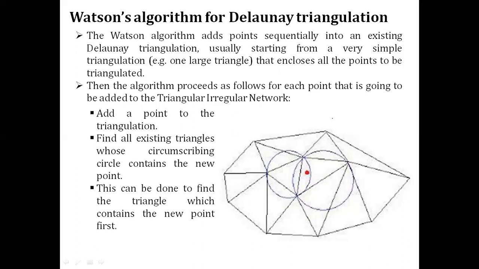But the problem with Delaunay triangulation is that sometimes the surfaces that you generate with the seed points that you insert become very big. So the refinement of the surface becomes a very important aspect when you go for tessellation or triangulation.